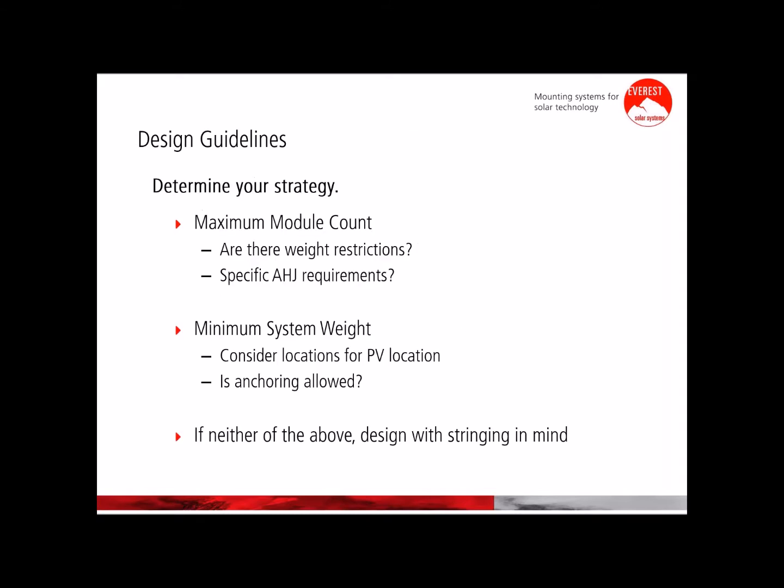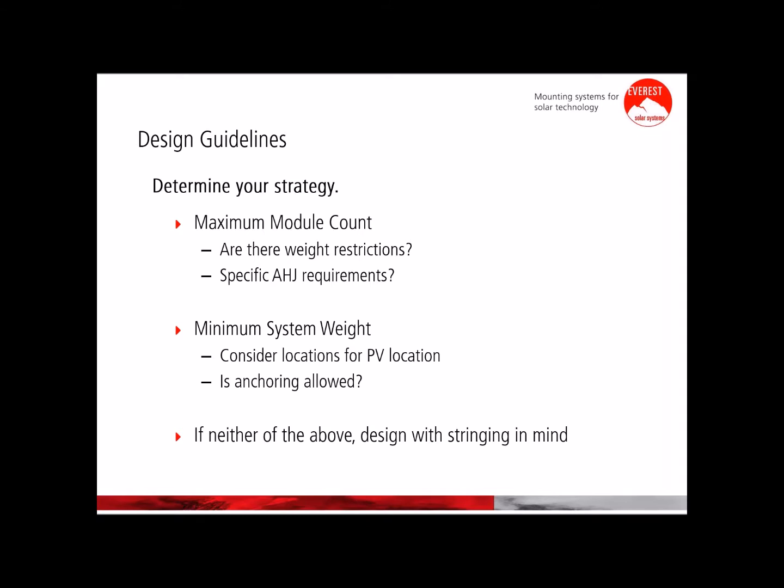I'm going to talk about some design guidelines, some good things to keep in mind when you're designing these ballasted east-west systems. So I would say the best thing to do right off the bat is just determine what your strategy is. In the time I've spent designing these systems, I've seen 2 main strategies.